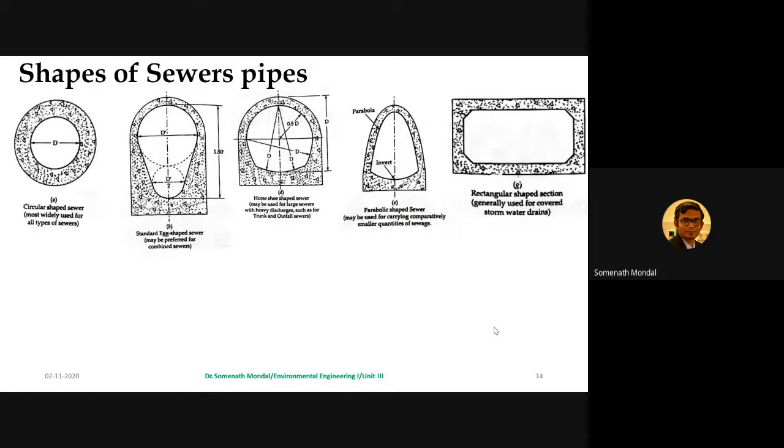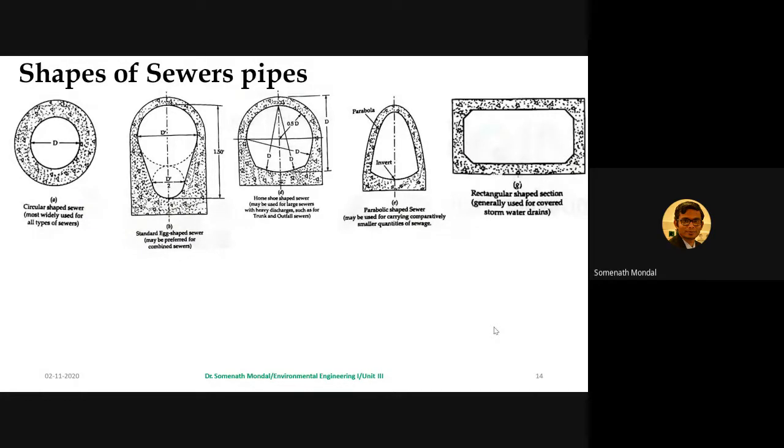So this is what is important to remember. Since in this particular curriculum the design of these different shapes of sewers is not included, I'm not going to discuss those design aspects. However, just to give you an idea about the different types and when we can use them, I am just mentioning them over here.